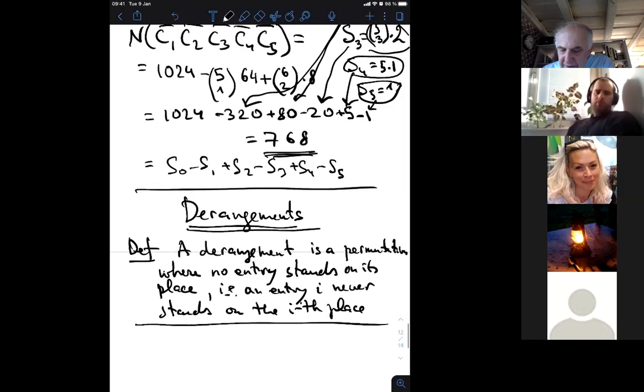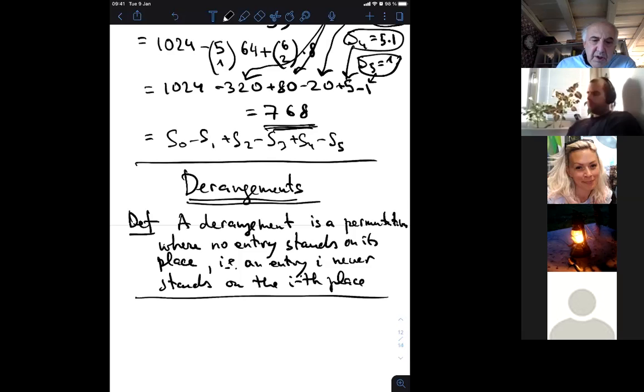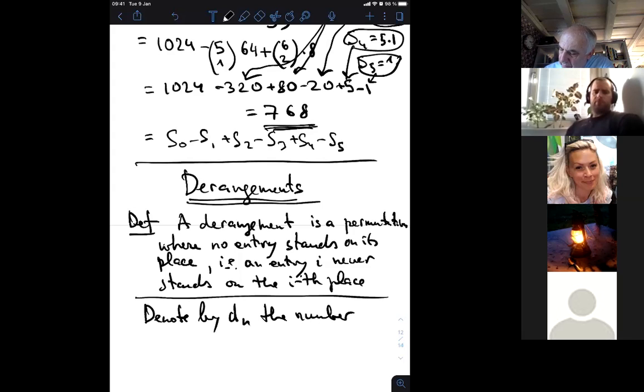So let's first check. We can denote by Dn the number of derangements on n elements.